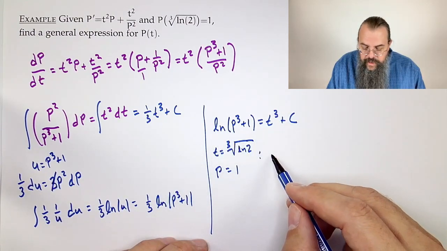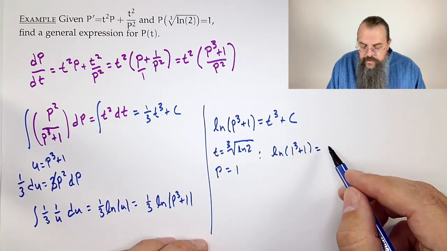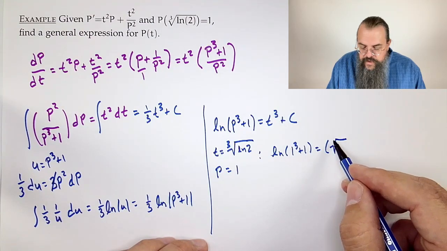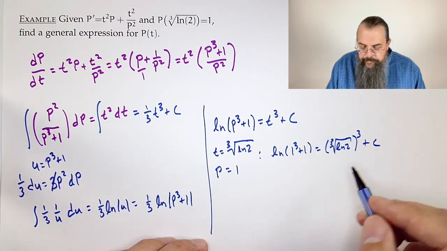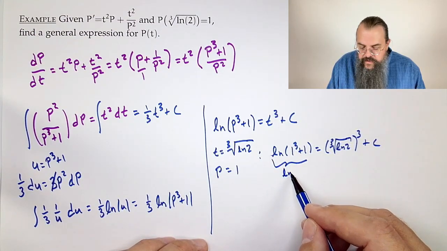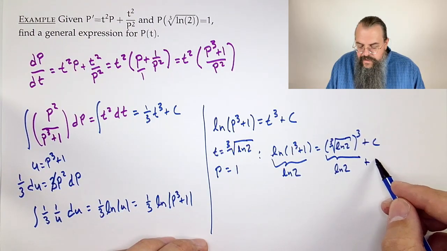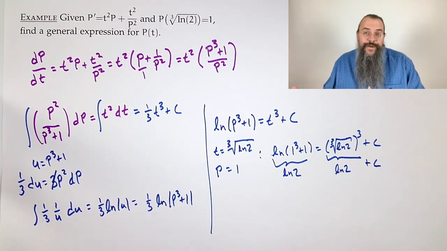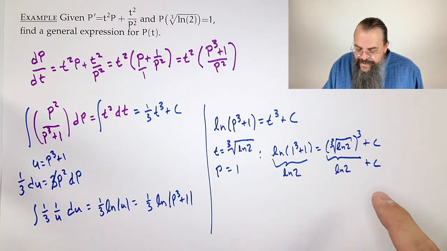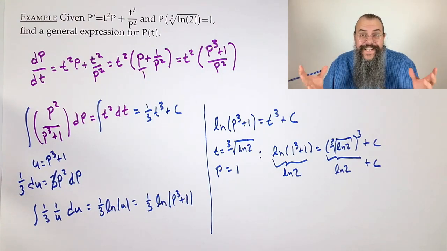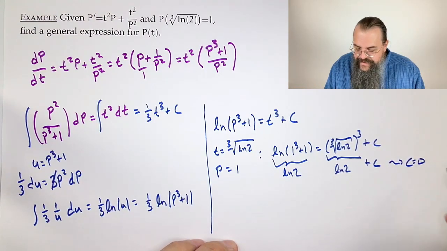So we have log of 1 cubed plus 1 is equal to the cubed root of log 2, cubed, plus c. Well, all right, so that's log 2. And this is also log 2, because if you take the cubed root of something cubed, you get back what you started with. So you have log 2 is equal to log 2 plus c. So what is c? 0. All right, great. So that's nice.